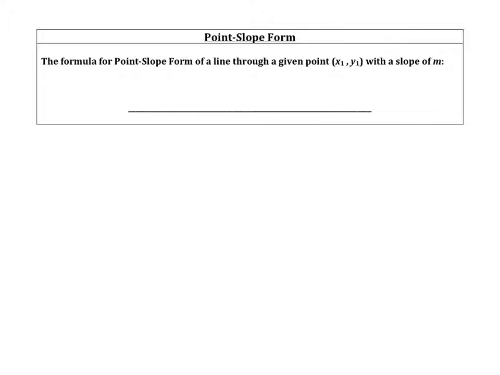So again, using what we saw in the last slide, we can derive the formula for point slope form of a line through a given point with a given slope of m. So you are always going to take, and this is something I would write down for sure in my notes, point slope form is y minus the y coordinate of the point that you were given. So in this case, the point I was given was x1, y1.